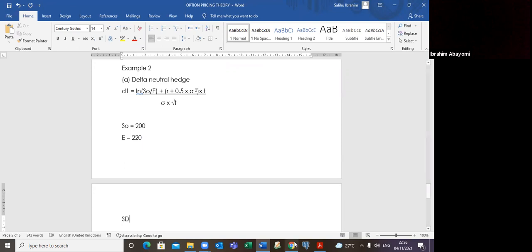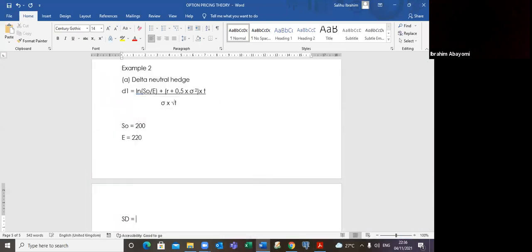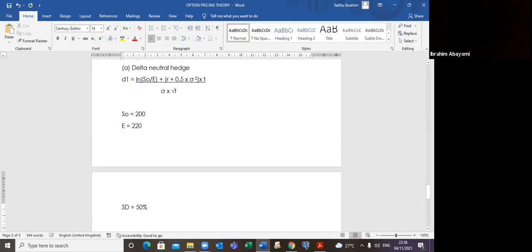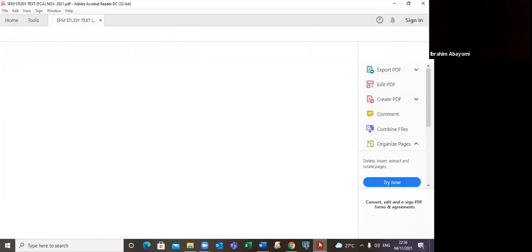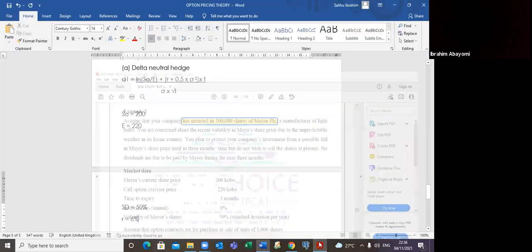Standard deviation is given as 50%. Risk-free rate, R, is 6%. Am I correct? Let me check. Yes, correct.